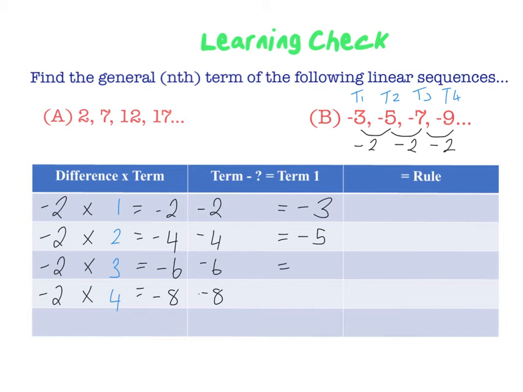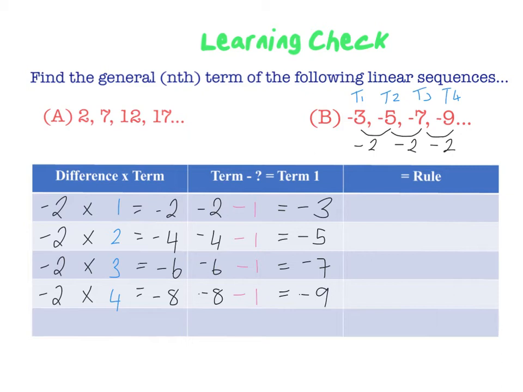And that's where we have the minus 1 coming in. Okay, so I'll do it in pink just so we can see. So minus 2 minus 1 is minus 3, minus 4 minus 1 is minus 5, minus 6 minus 1 is minus 7, and minus 8 minus 1 is minus 9.